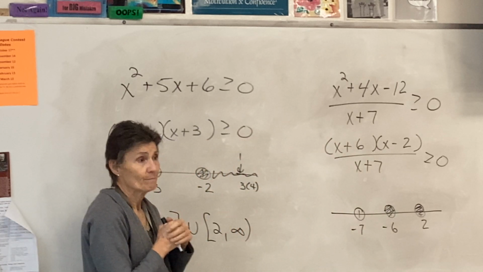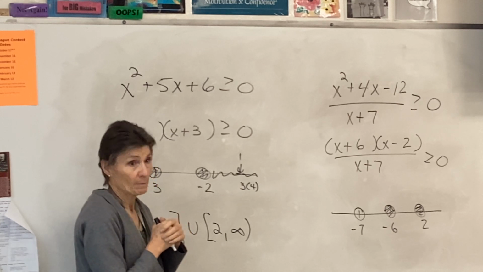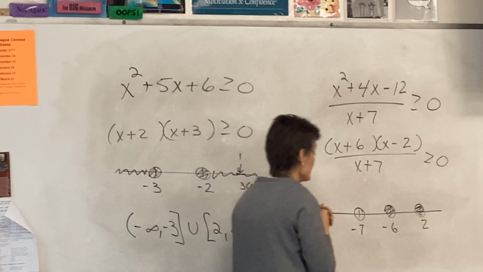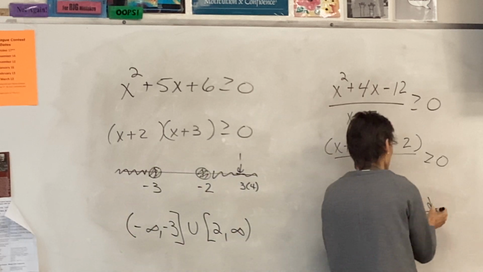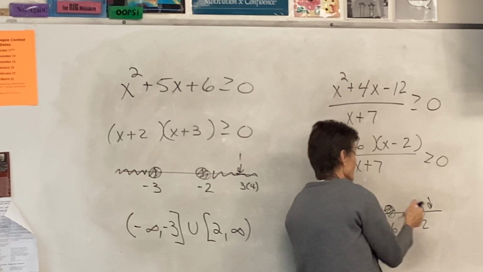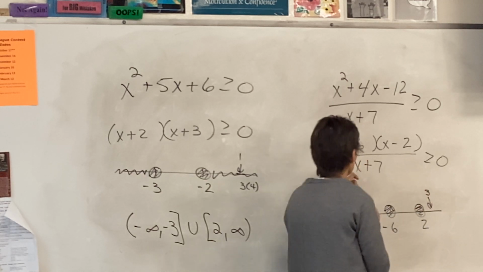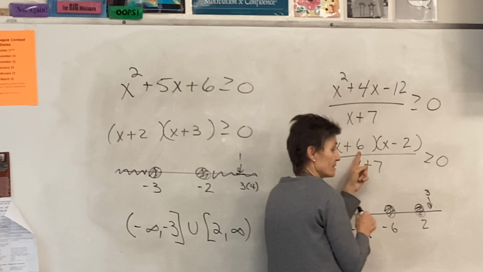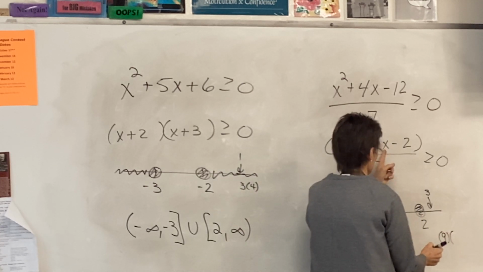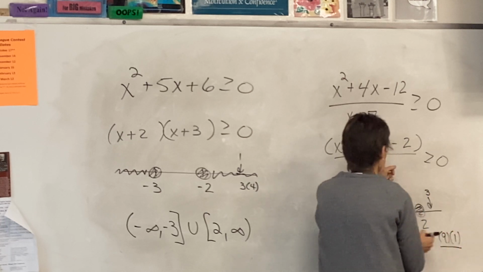Okay, now what? Pick a number. What number do you want? 3. 3's out here. You can pick whatever number you want, as long as it's not B. So if we pick 3, 3 plus 6 is 9. 3 minus 2 is 1.